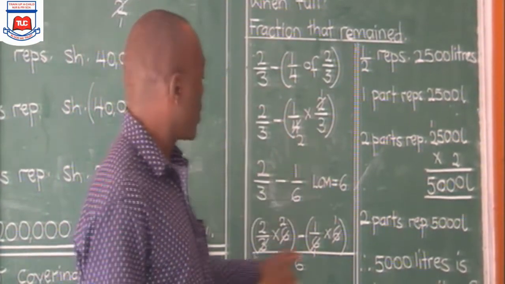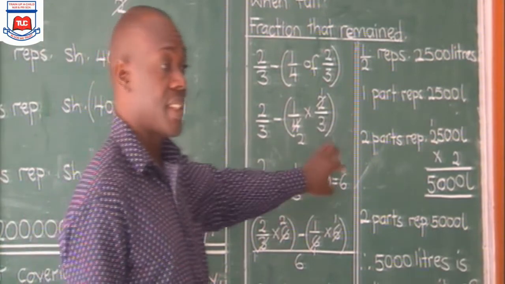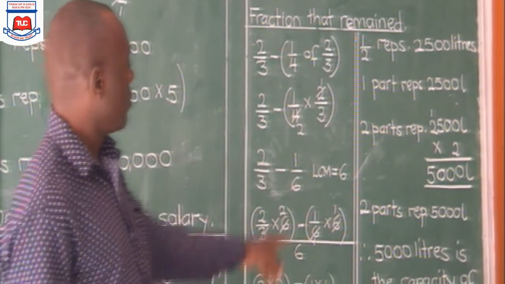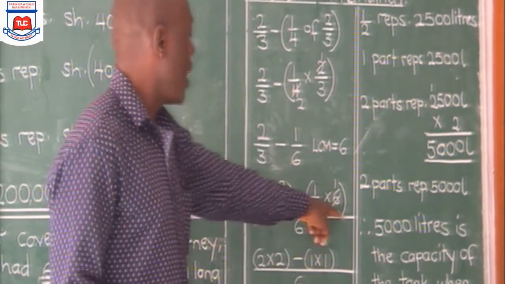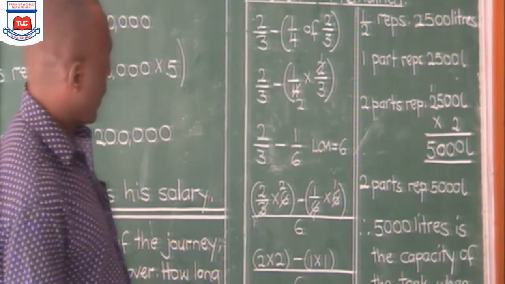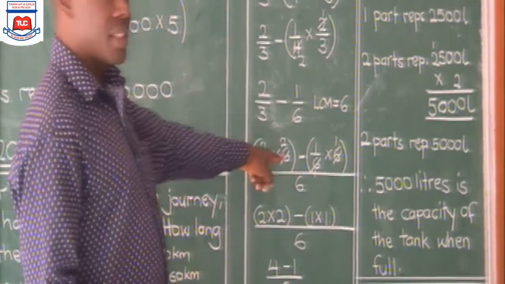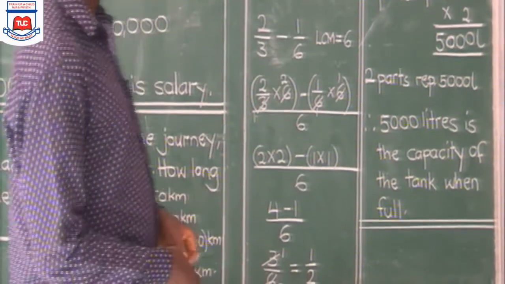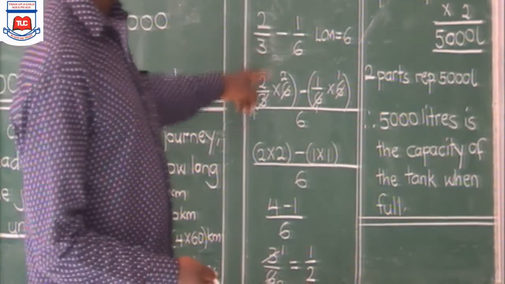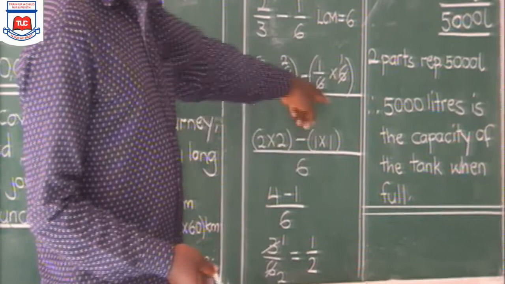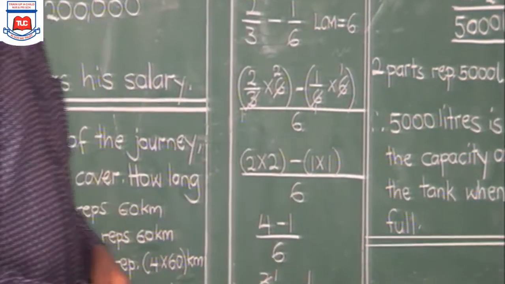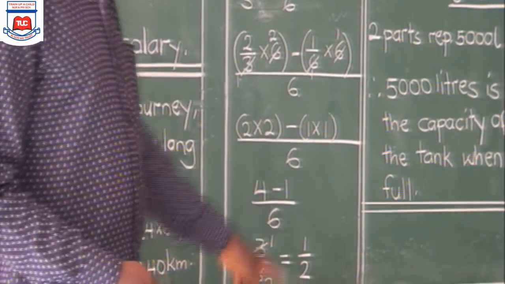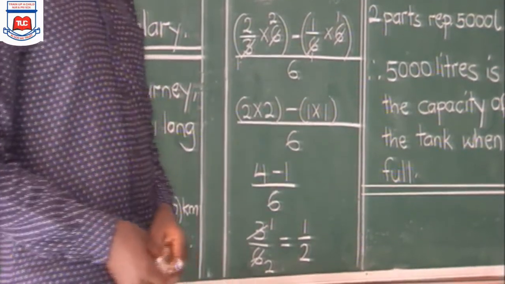You apply LCM of the denominators 3 and 6 as 6, and say now 2/3 times the LCM 6 minus a sixth times 6 out of the LCM 6. So we divide by 3 once, by 3 twice, by 6 once, and by 6 once as well. 2 times 2 minus 1 times 1 out of the LCM 6. You get 4 minus 1 out of 6, which is 3/6.